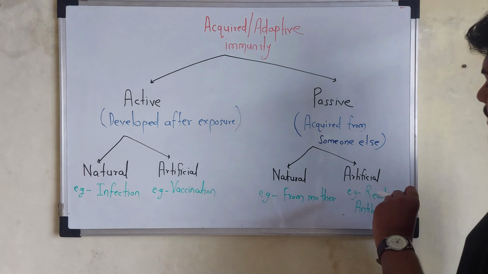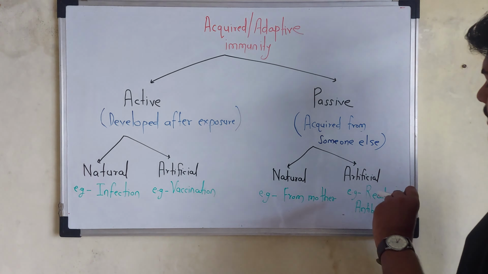So how do we get it artificially? In this case our body is not developing this immunity, we are getting it artificially. Let's say you have got some serious infection in which your body doesn't have much time to develop adaptive immunity naturally against it. So what we do is we take ready-made antibodies from other patients or anyone else medically.